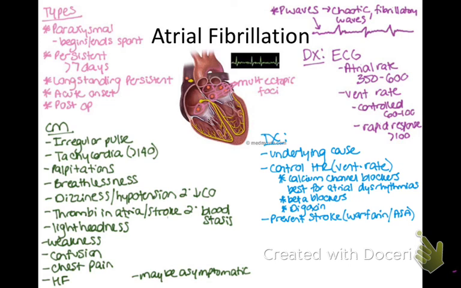Where are all those clots going? Everywhere. Okay? So before I really want to treat AFib, I want to make sure that they're on some kind of warfarin or aspirin or something. Coumadin. Because I don't want them to throw a clot because they're at really high risk for a stroke.